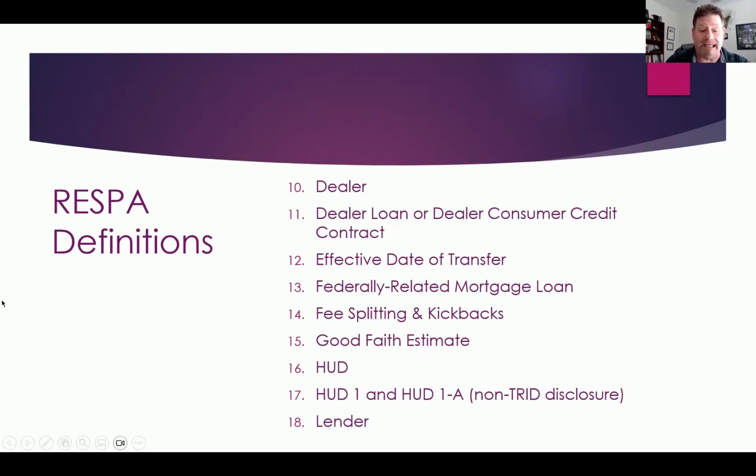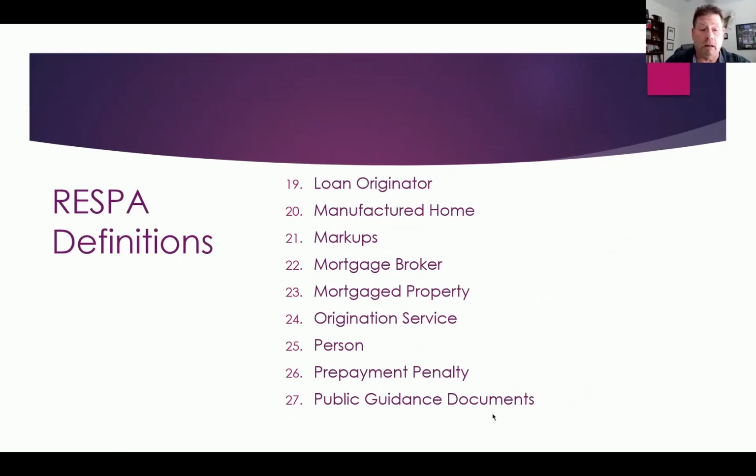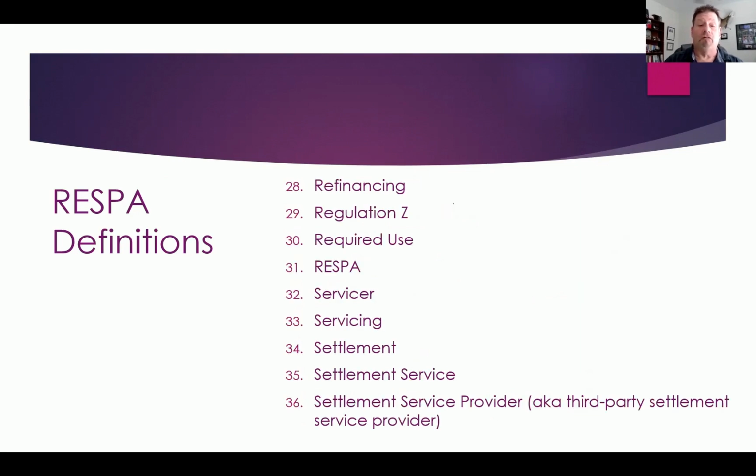And number 18 is lender. Loan originator, manufactured home, markups, mortgage broker, mortgage property, origination service, person, prepayment penalty, and public guidance documents.